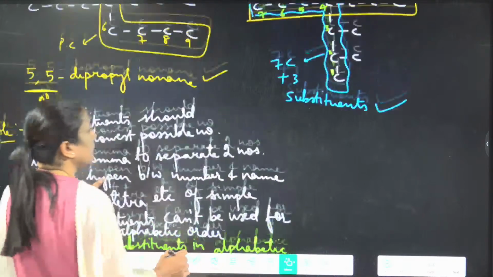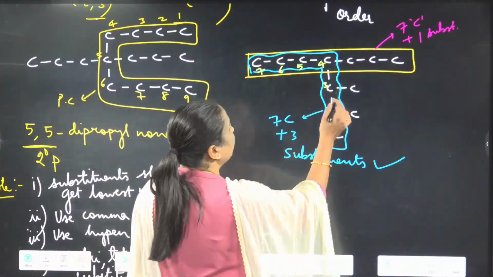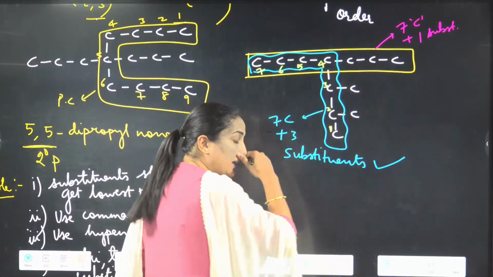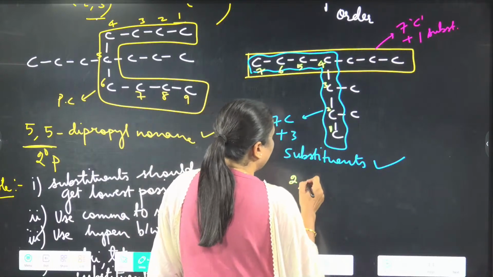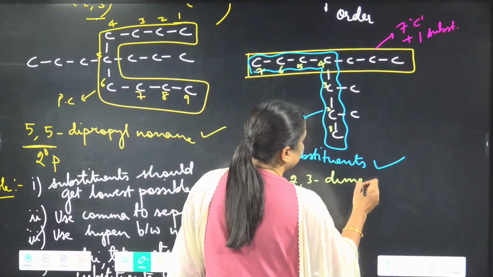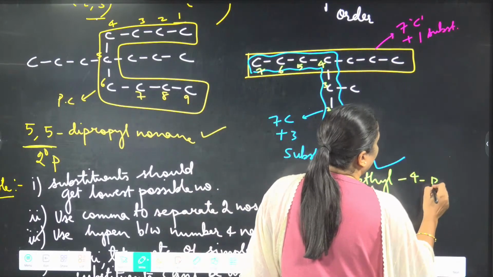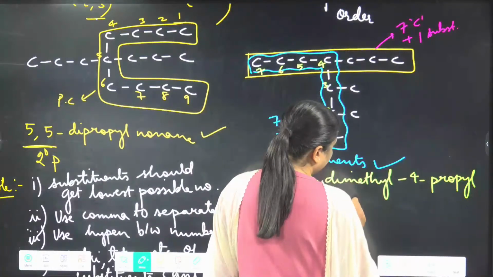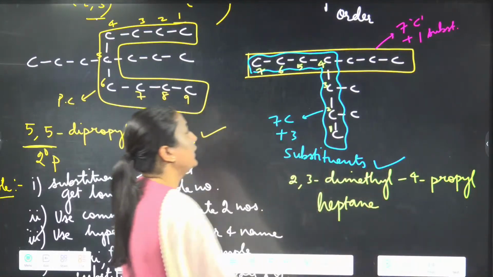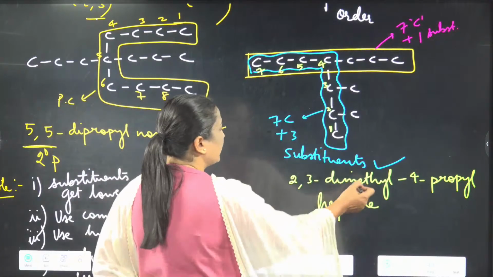Now let us talk about this case. So basically what we are having is propyl, you are having methyl. So we have to write down 2,3-dimethyl-4-propylheptane. And I am not going to consider di of the simple substituent.